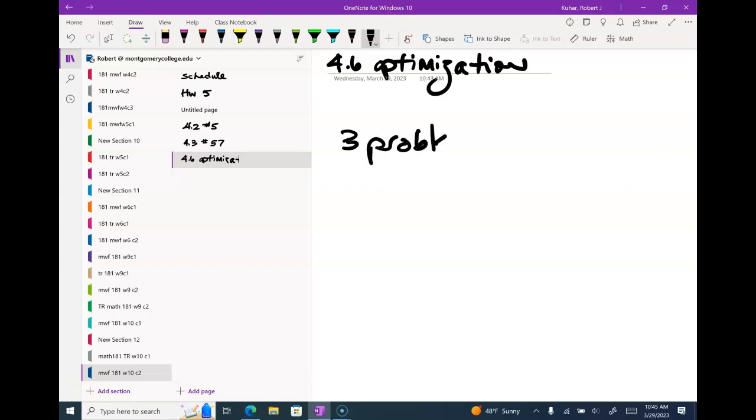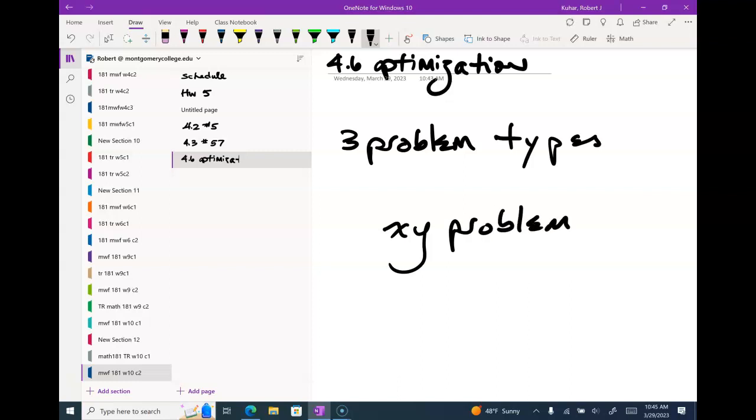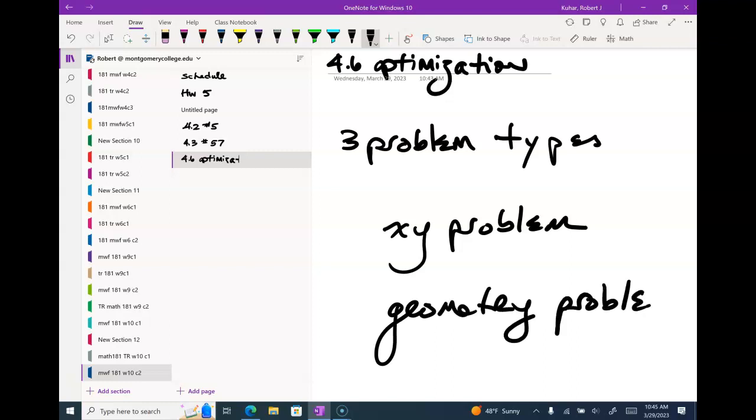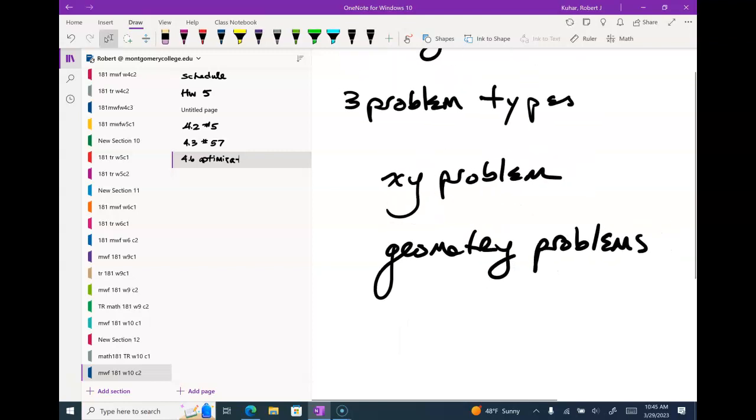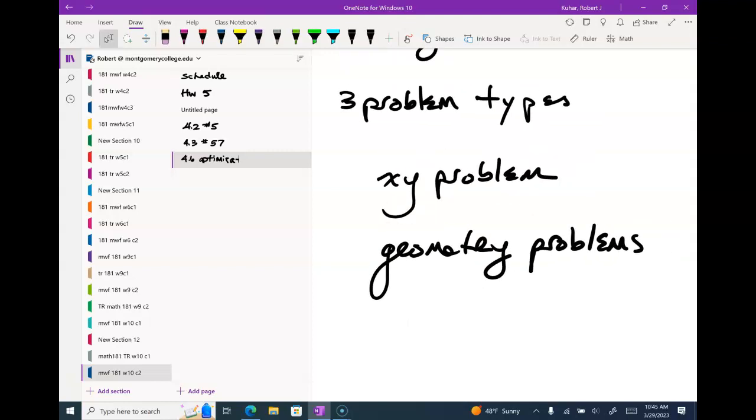There's more, but the ones I will ask you to be able to do are just XY problems, geometry problems like the box, and minimum distance problems, min-max distance problems. That's the part I probably won't get to today. The min-max distance I'll probably have to do Friday.